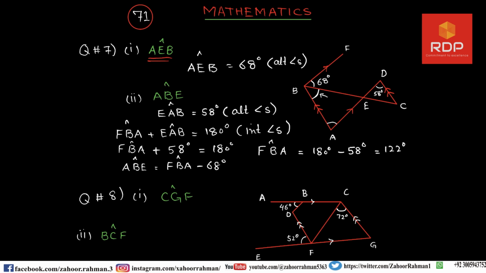We are going to find this angle. So that is equal to FBA, which is this total angle, and we have to subtract this 68 from it.